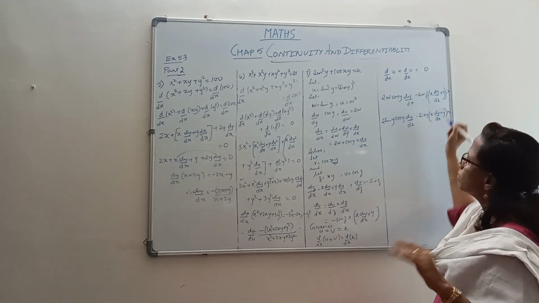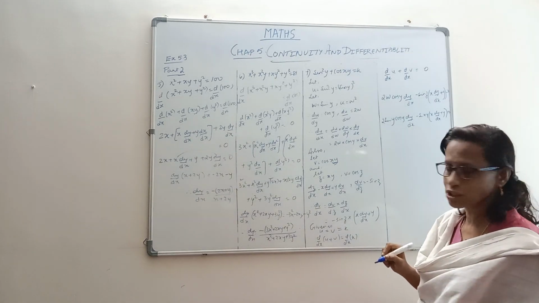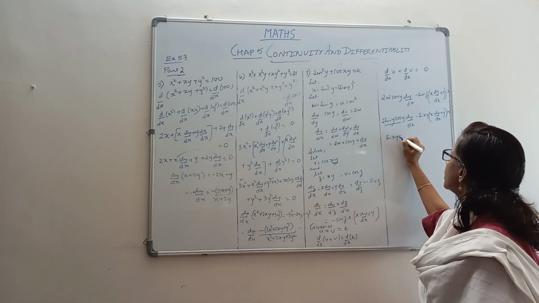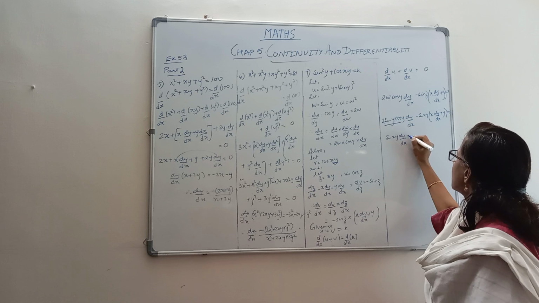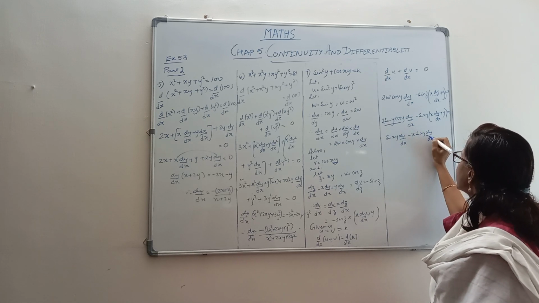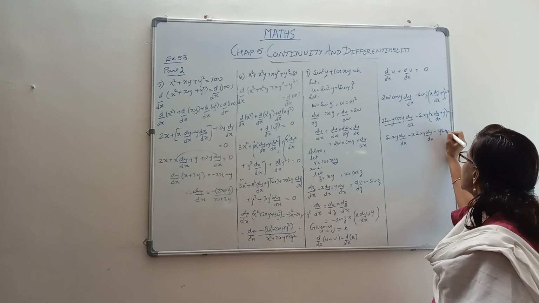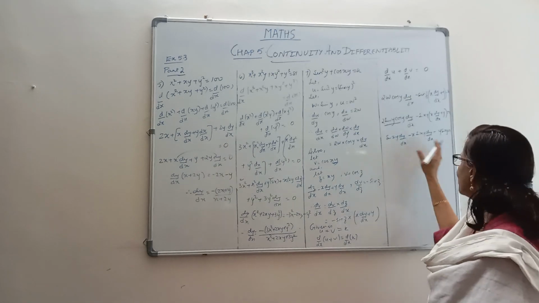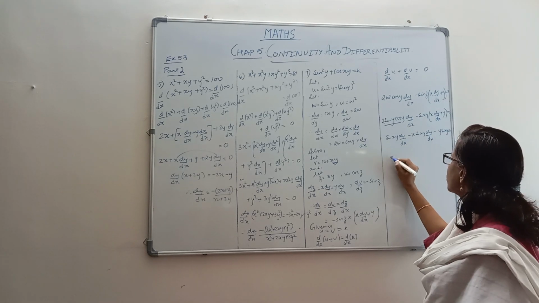We are almost done, but not actually done, because dy by dx is what we require. This can be written as sine 2y. So, sine 2y dy by dx minus x sine xy dy by dx minus y sine xy equals 0. Right? dy by dx can stay here. Other terms you can take on the other side.